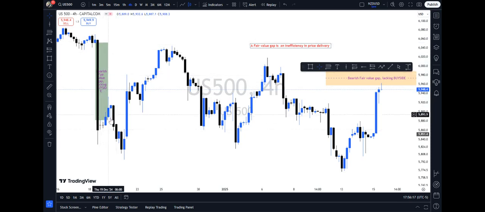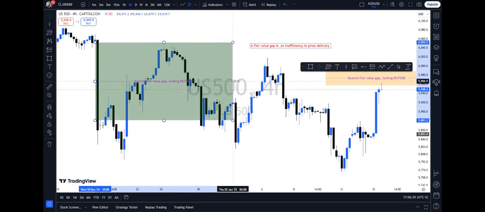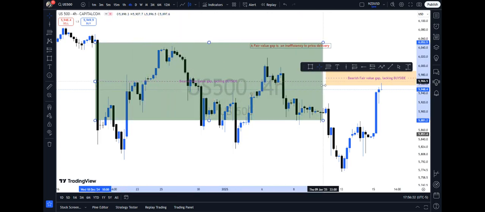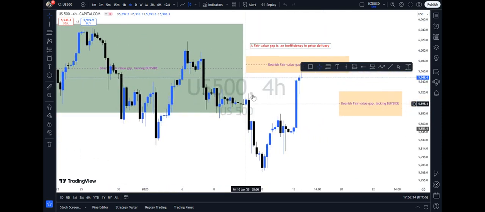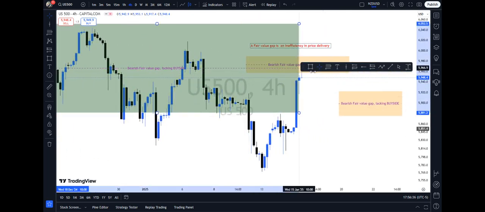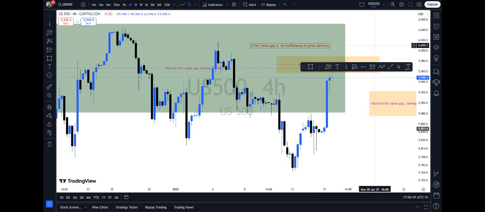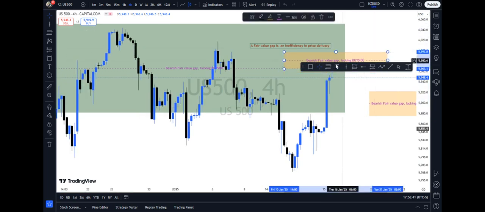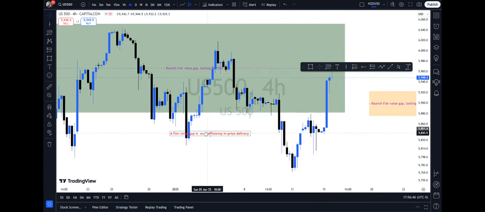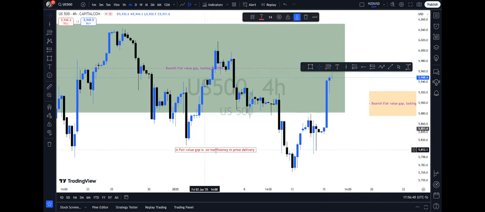That's why price had to go back and fill the fair value gap, as if we are drawing our rectangular box like this. Price has been returning back into the fair value gap. It's written here, a fair value gap is an inefficiency in price delivery.